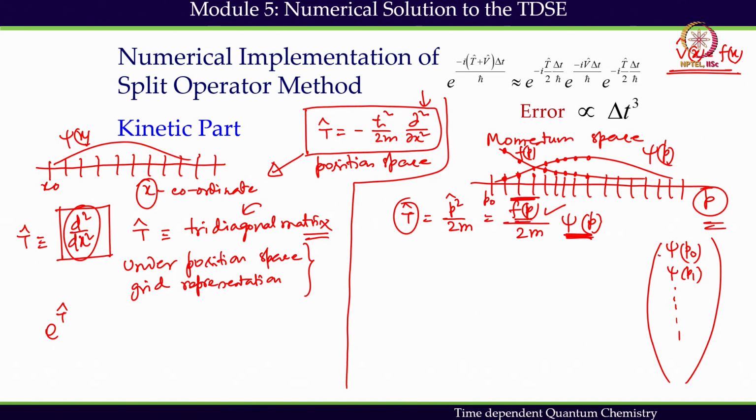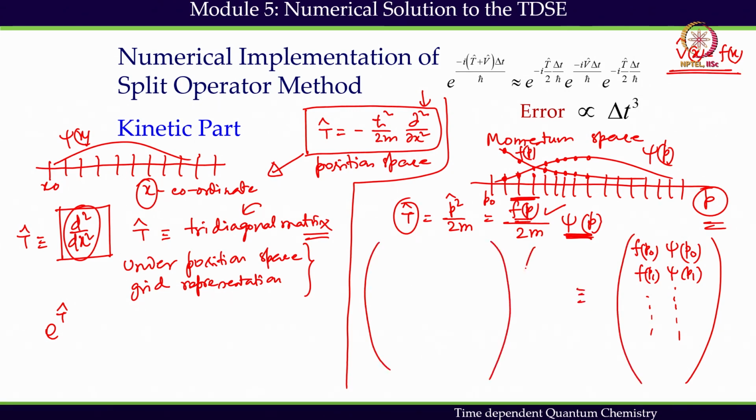So if it is multiplication, then finally I get this value, I will call it fp0, then fp1 like this. It's just multiplication, and if it is multiplication, then the matrix form would be like this.